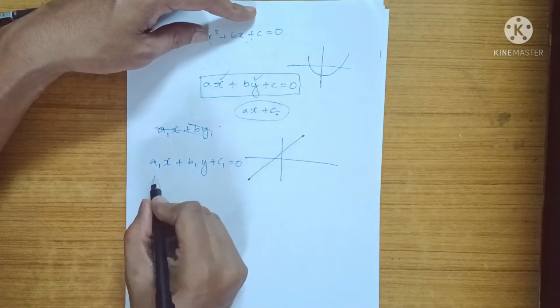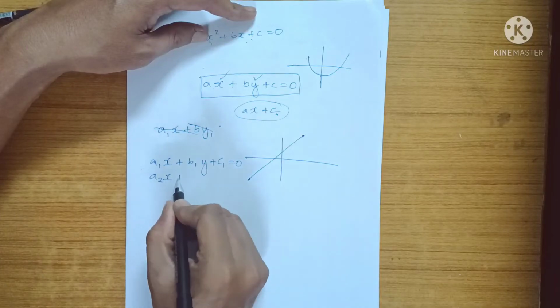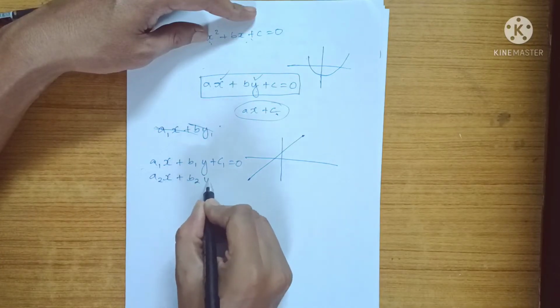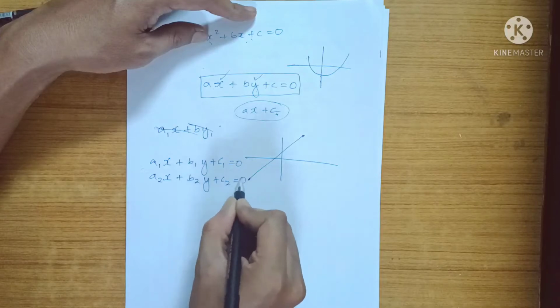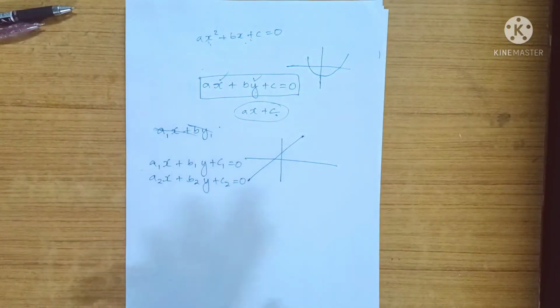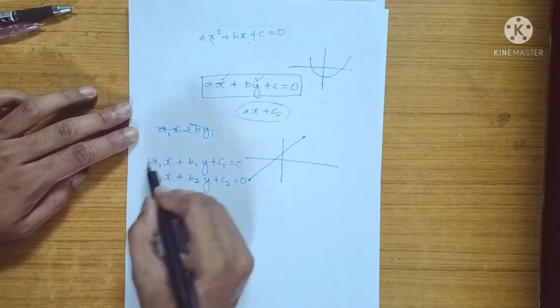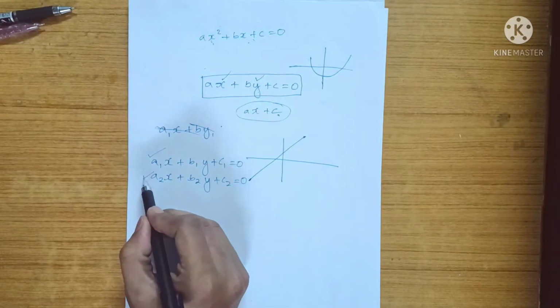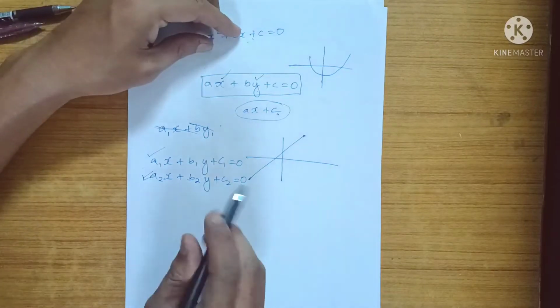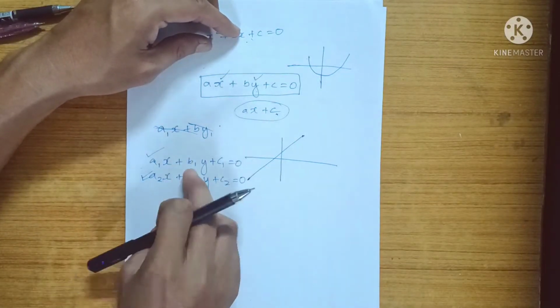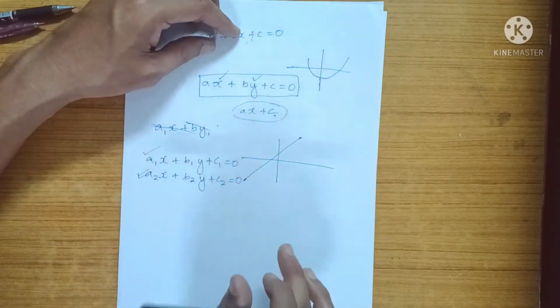This represents one line, and then there will be the second one, a2 x plus b2 y plus c2 equal to 0, where a2, b2 and c2 are also any numbers. It can be any, but x and y should be there. So this represents one line, and this represents another line. Got it? So we'll be studying two equations, both of which are linear equations in two variables.